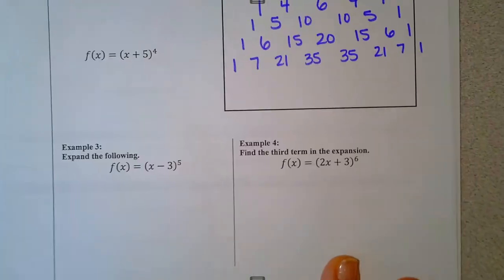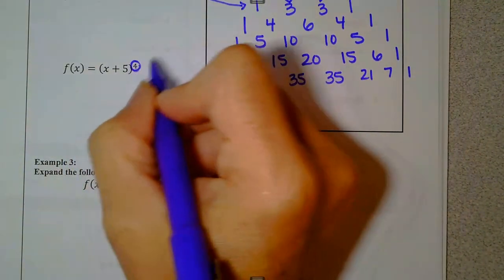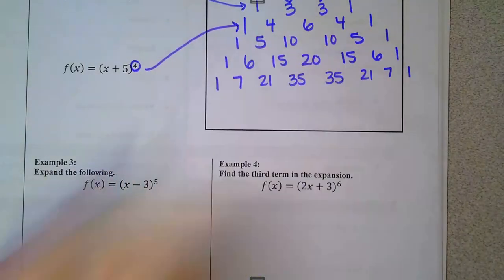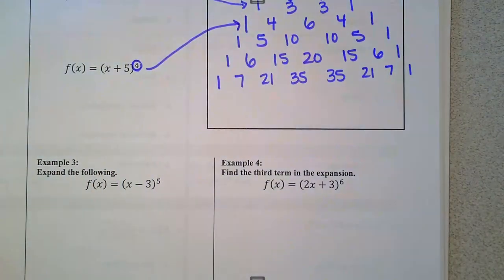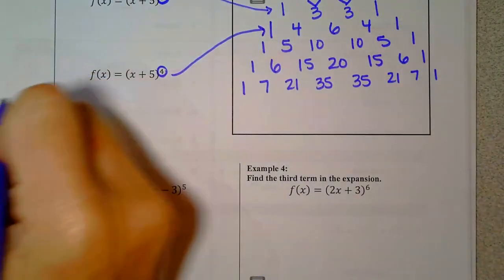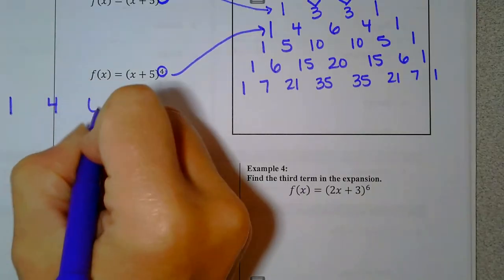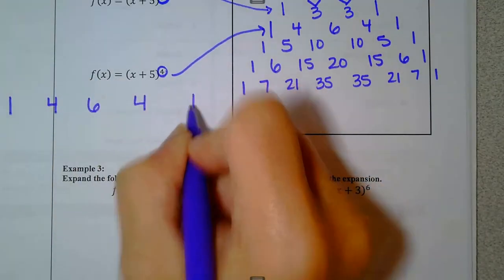Okay, so if I'm gonna do 4, see how this has a 4? I'm gonna use this row of Pascal's triangle. And how this works is you copy down that row, but you leave space. So 1, 4, 6, 4, 1.